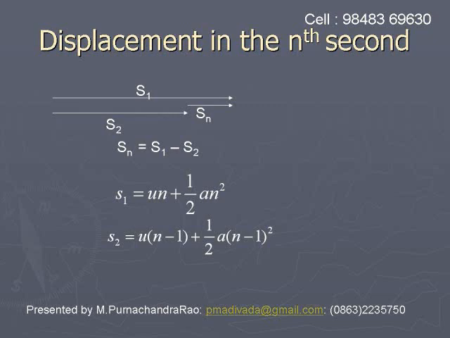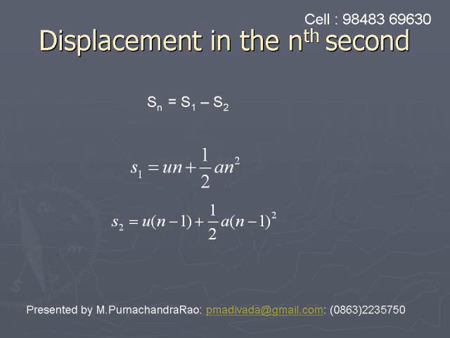So, by taking these three relations, Sn is equal to S1 minus S2, S1 is equal to un plus half an square, and S2 is equal to u into (n minus 1) plus half a into (n minus 1) whole square, we are going to derive the relation for Sn.